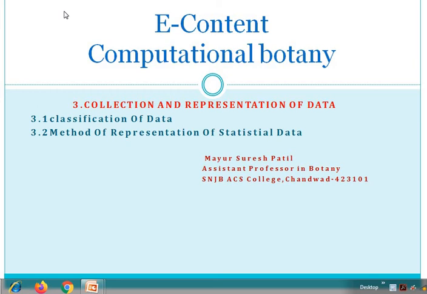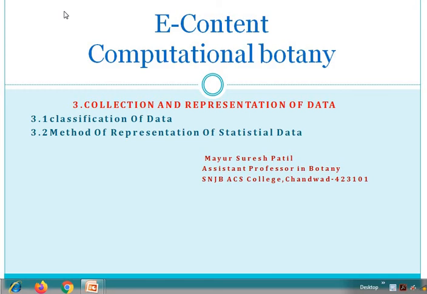Today we are going to start a third topic, that is collection and representation of the data. I told you in earlier lectures that statistics involves different stages. First step is what? Collection of the data.